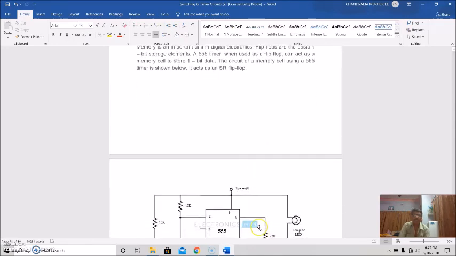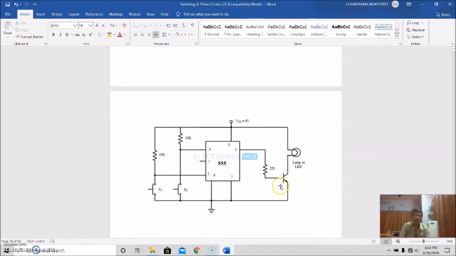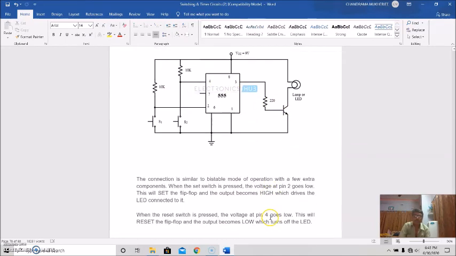It acts as an SR flip-flop. See, this is the circuit, and the connection is similar to the bistable mode of operation with a few extra components. More or less the same, with some extra components here.